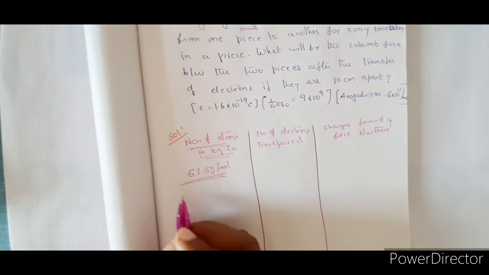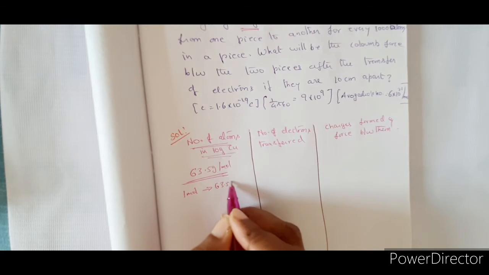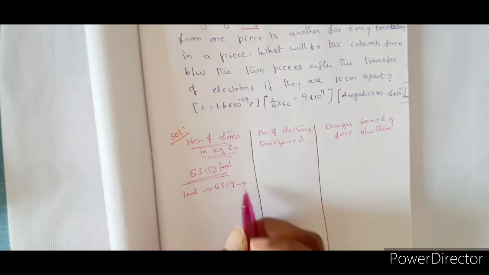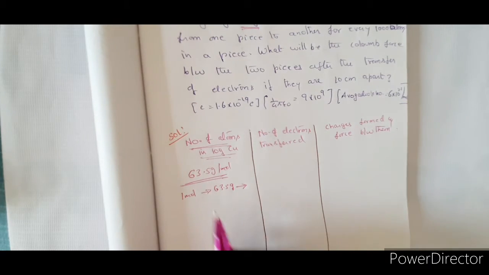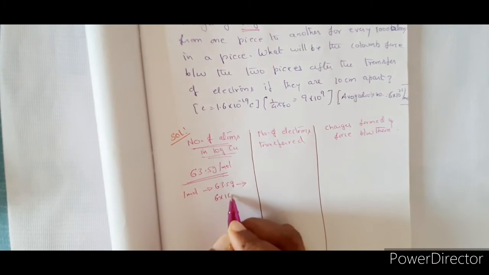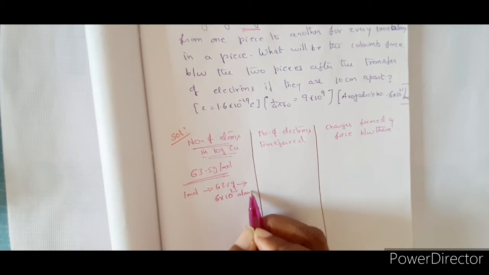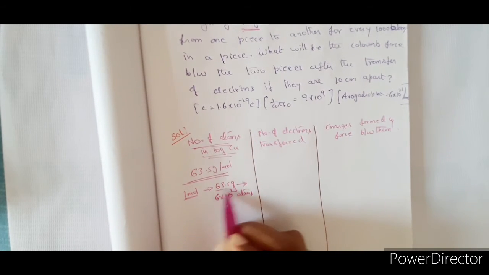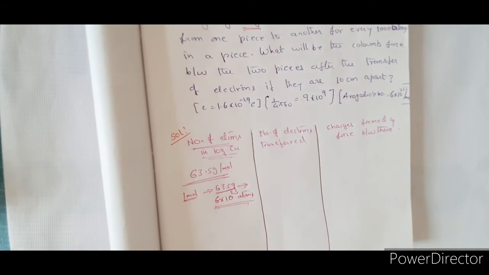That means 1 mole, that is 63.5 grams, consists of the Avogadro number of atoms, which is 6 into 10 to the power of 23 atoms, the number of atoms present in a mole of a substance.